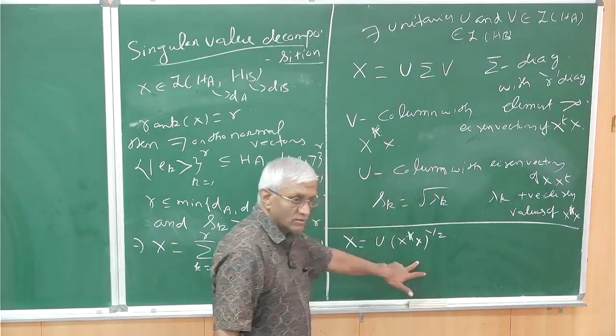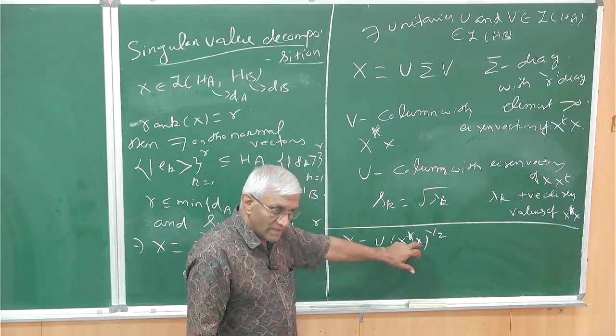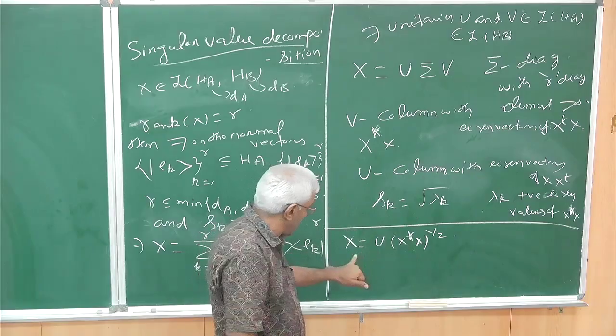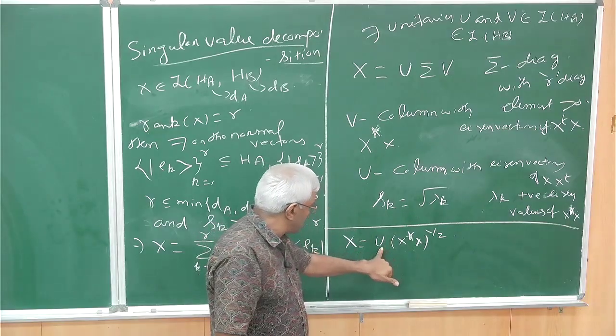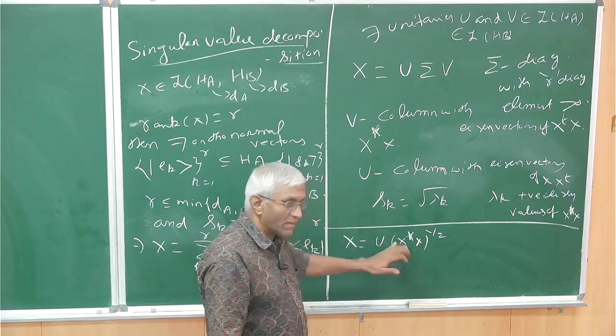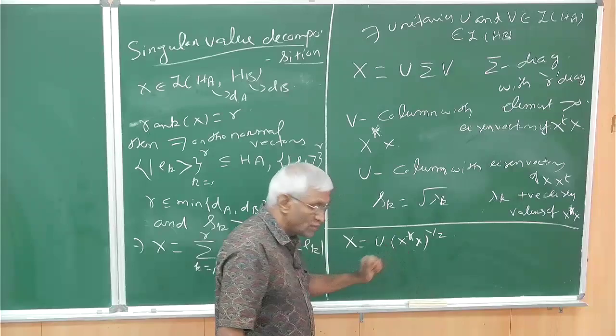This is how the polar decomposition will look. Any X will look like U times this. But this is general for any Hilbert space, infinite dimensional or otherwise. Any linear operator can be written as a partial isometry times this, where these are unique up to some kernel condition. The kernel of X should be equal to the kernel of U kind of thing.